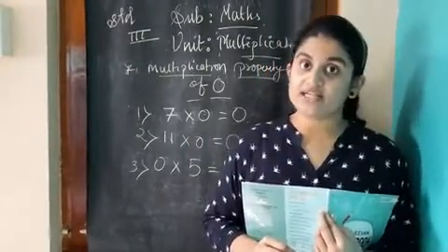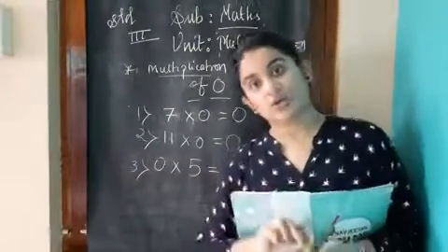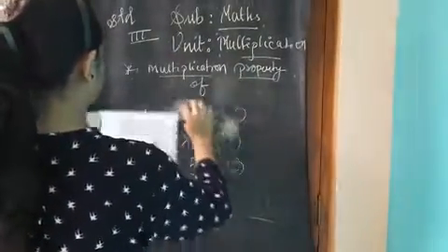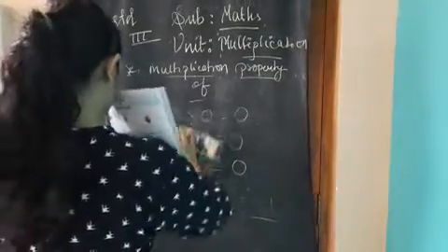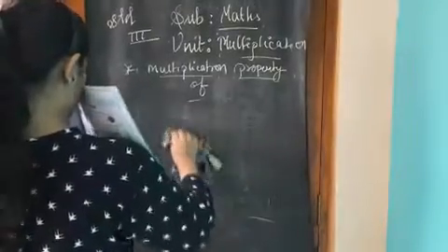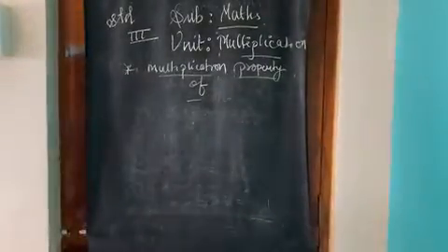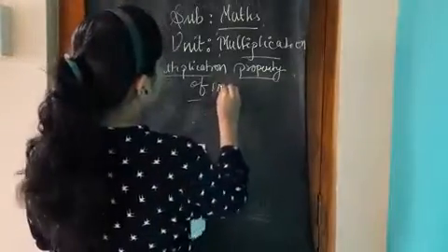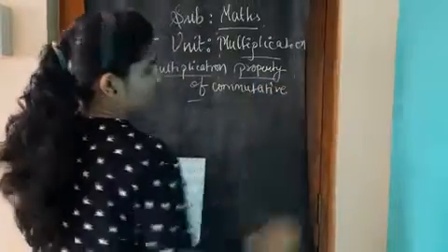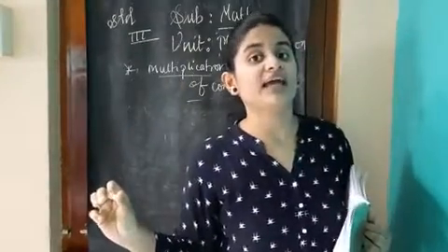Now we are going to study the last property, that is multiplication property of commutative. तो बच्चों क्या मुझे बता सकते हैं इस प्रॉपर्टी में हम क्या करते हैं?